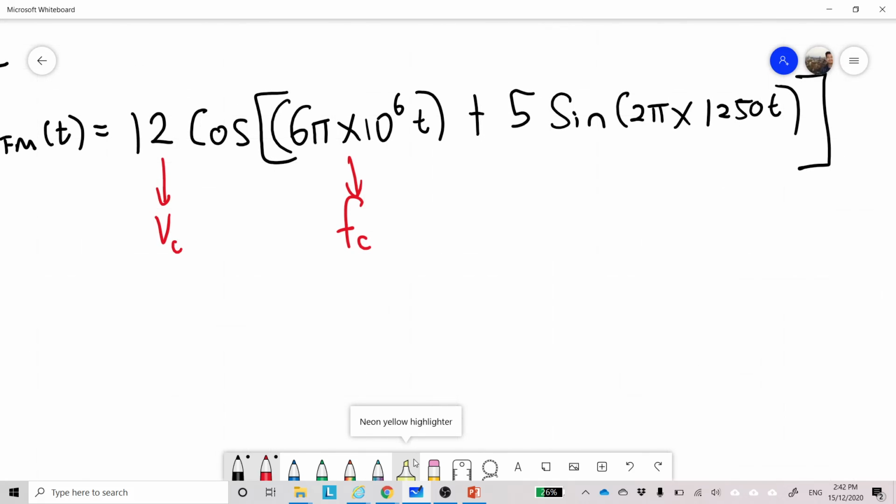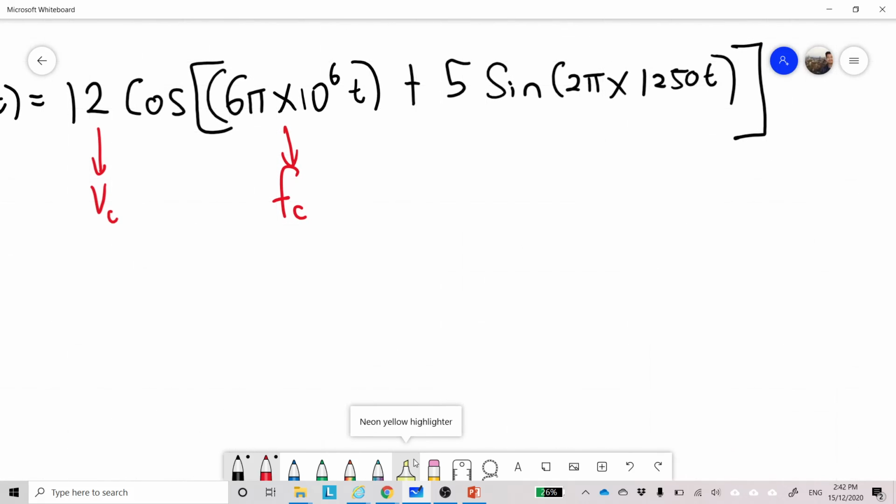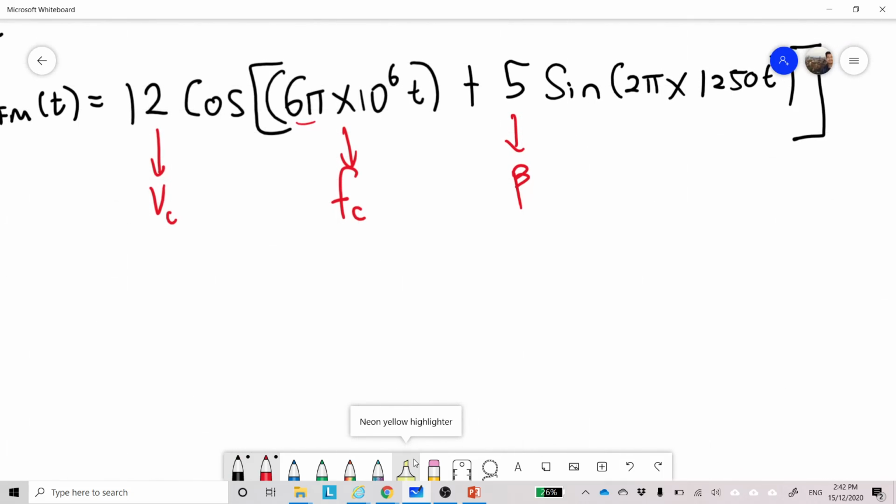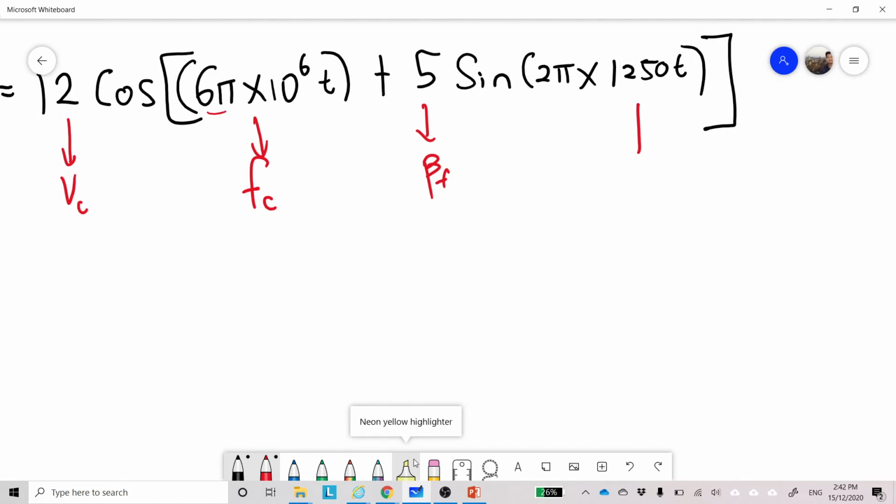Remember that you need to divide with 2 pi and then you get the carrier frequency. And this is referring to the beta. In this case, it is FM, so therefore it is beta F. And this is referring to the input message frequency.